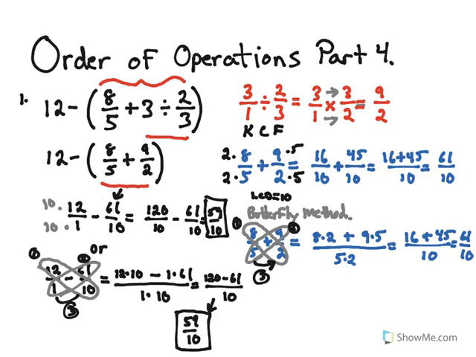Okay? From now on, I'm just going to pick one of the methods, for the purpose of keeping the video shorter, but if you know another method to find the common denominator, then you're welcome to use it. This is just a couple out of many other ways. But that is 59 over 10, okay?